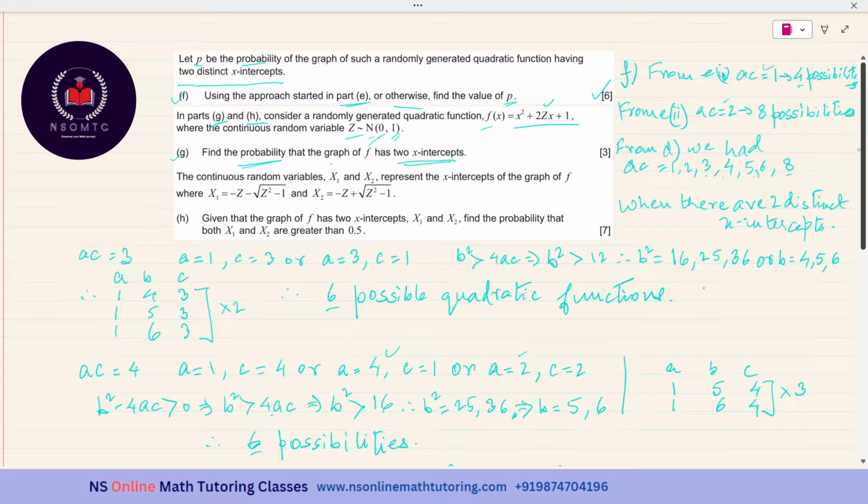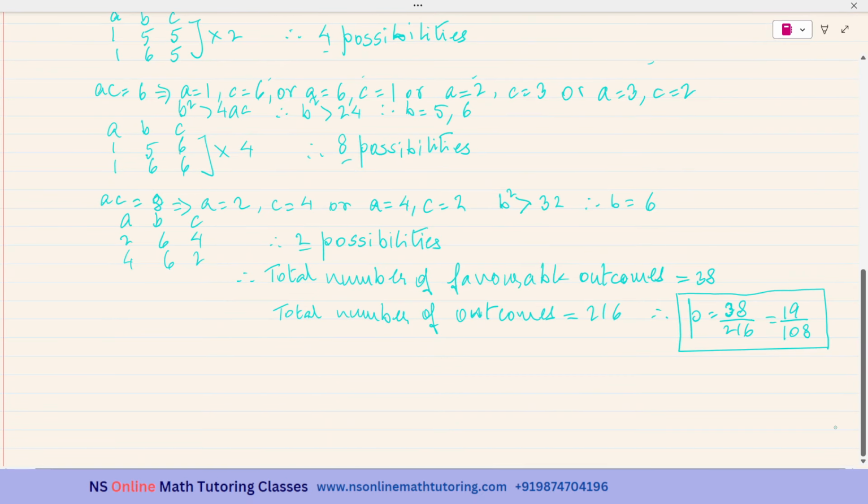Okay. Two x-intercepts again doesn't matter whether we are having that z or not, but the discriminant has to be greater than 0. That is the condition. Okay. So let me just write it once more over here. x square plus 2zx plus 1.